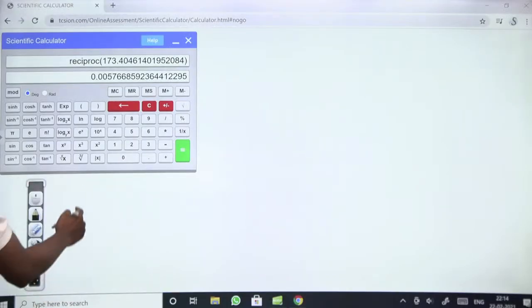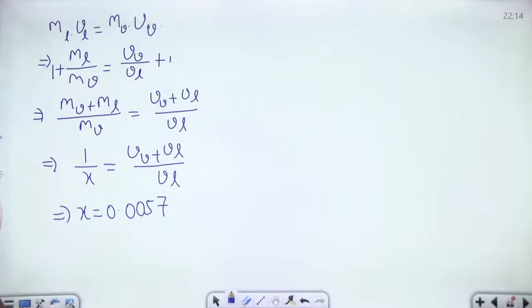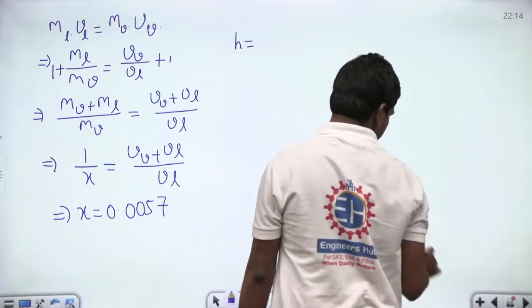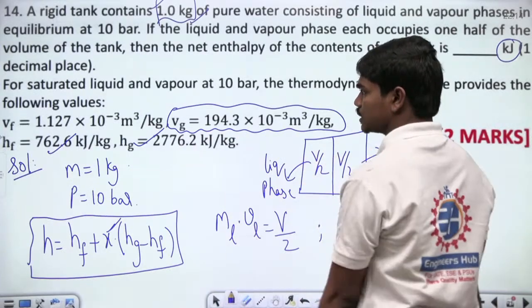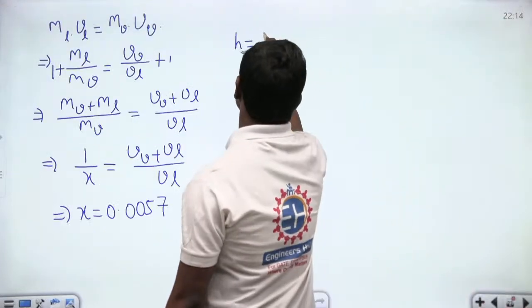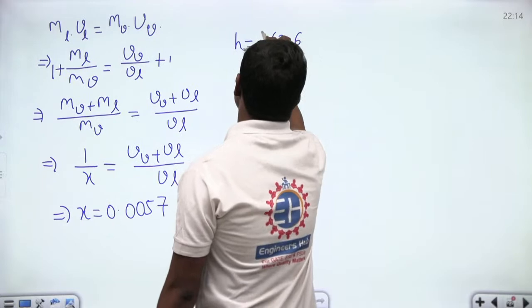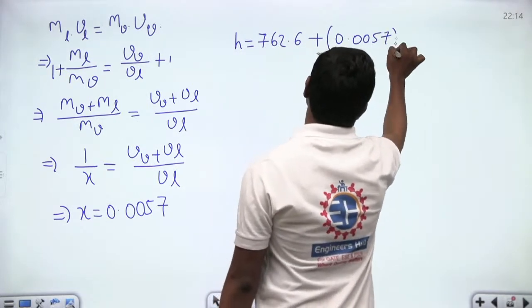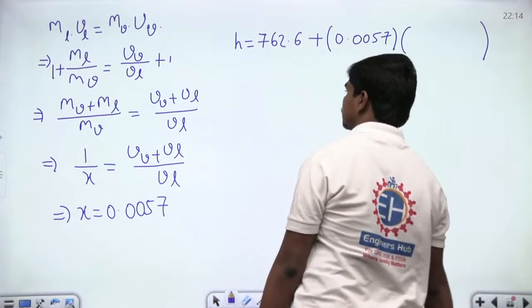So we know HF and we know HFG. So let us calculate the values quickly. So x is this. So H is equal to HF, which is 762.6, plus x, which is 0.0057, into the difference between these two values, which is Hg minus HF.